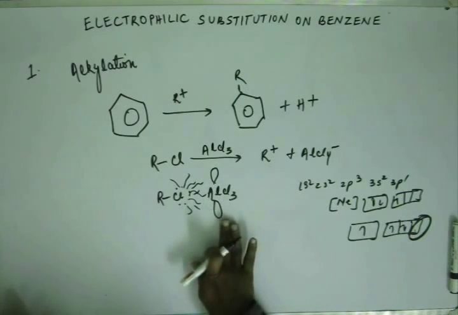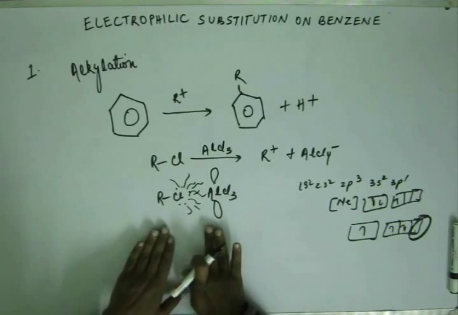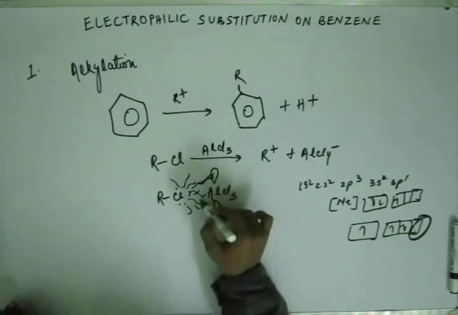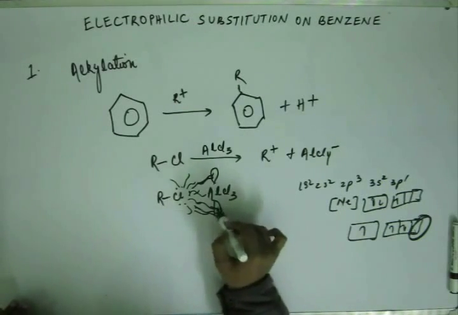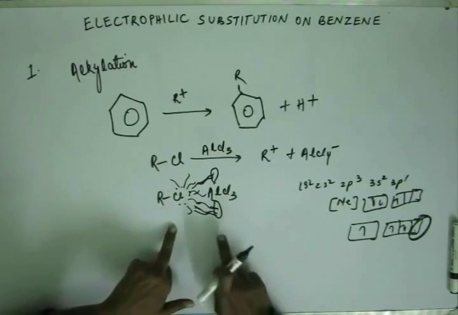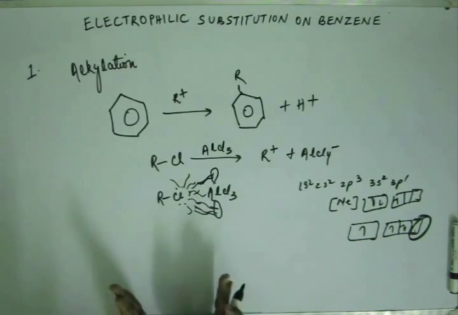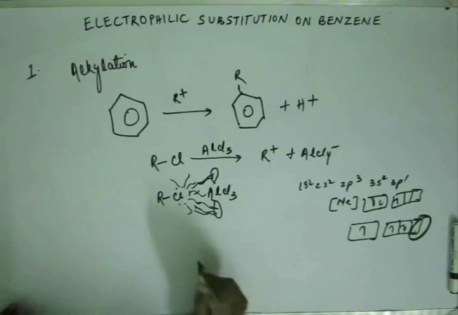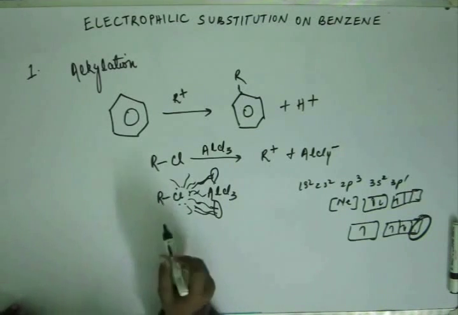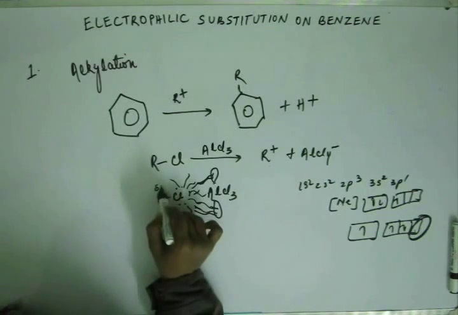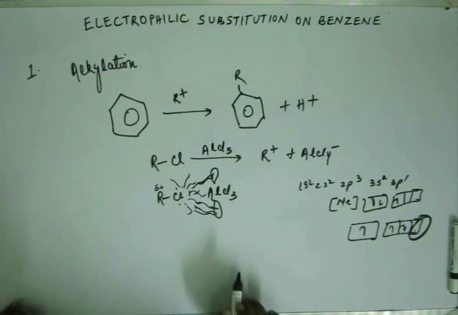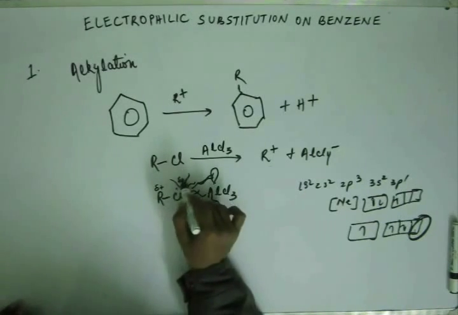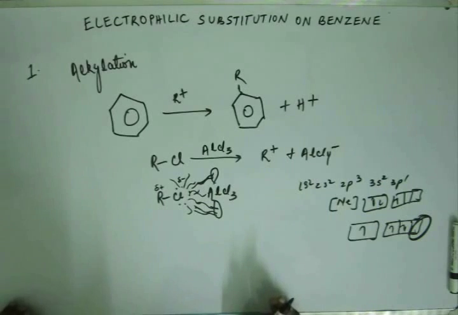So when you put AlCl3 very close to RCl, then these projections enter into the orbital of aluminium, resulting in the formation of a bond between chlorine and aluminium. That will release some amount of energy. That energy released will be utilized to break this bond further. When you break this bond further, then a slight positive charge will be created on R and a slight negative charge will be created on chlorine.